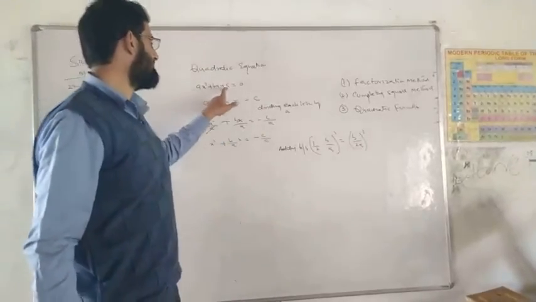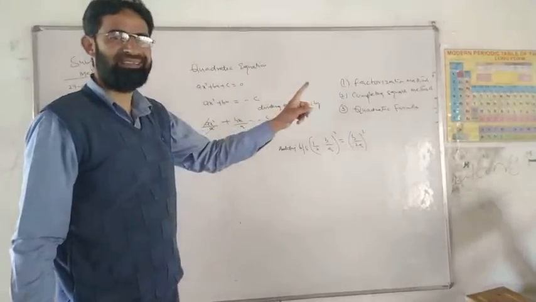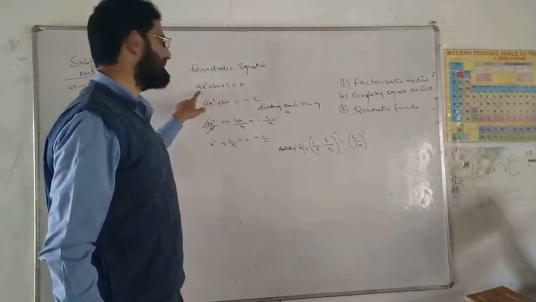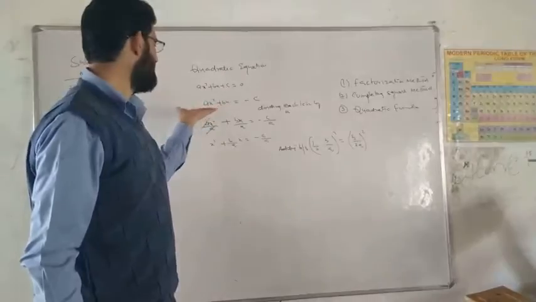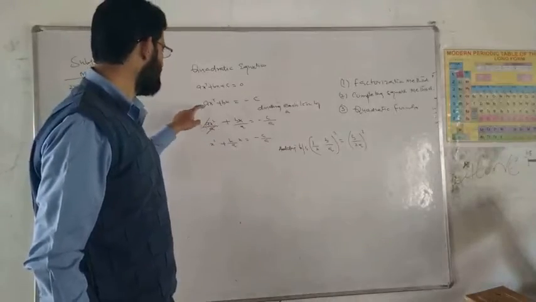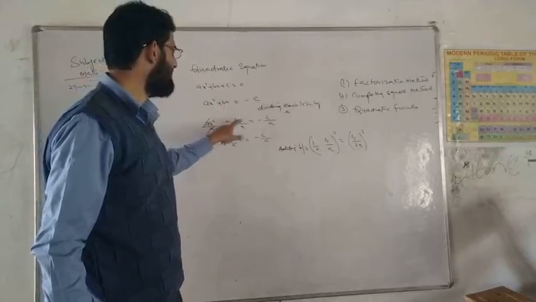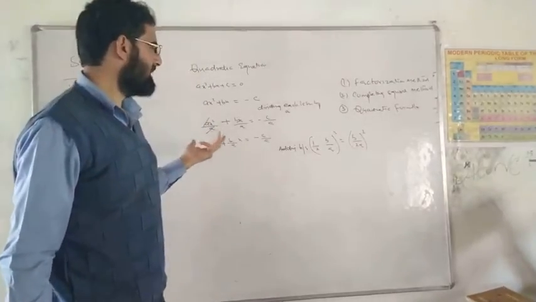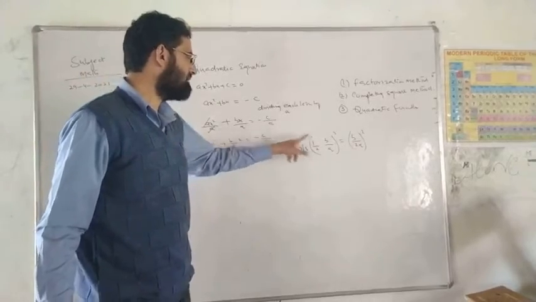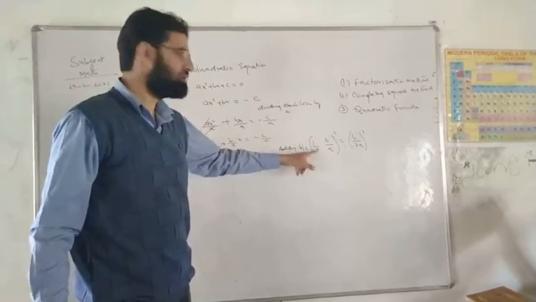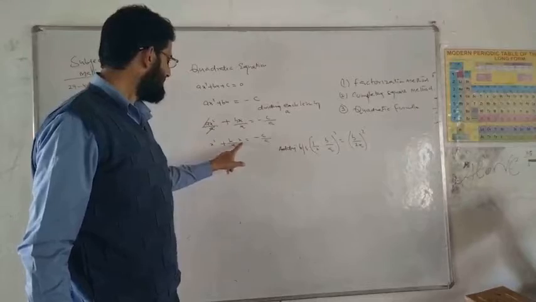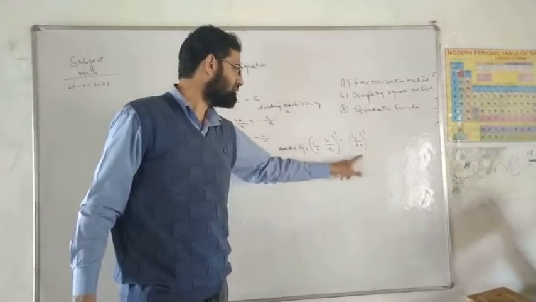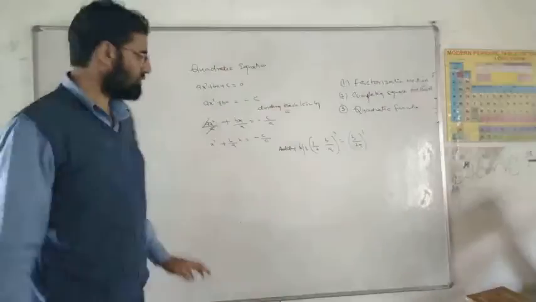First of all, we are shifting this constant term towards the right hand side, and then dividing each term by the coefficient of x square, which here we know is a. So we are dividing x square by a, bx by a, and minus c by a. Then the third step, very important step, is that we are adding 1 by 2 into the coefficient of x, which here is b by a, whole square, to both sides, that is b by 2a whole square to both sides.